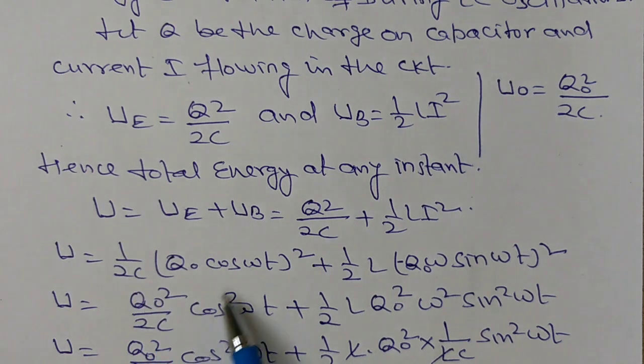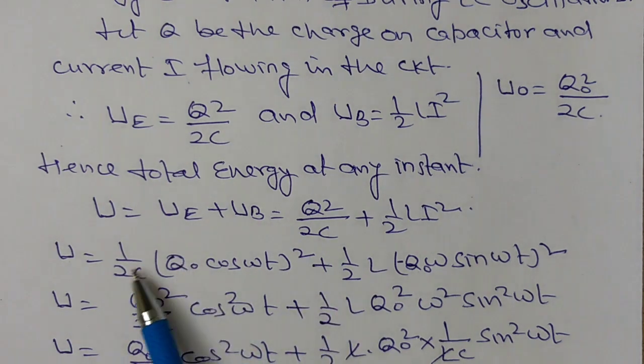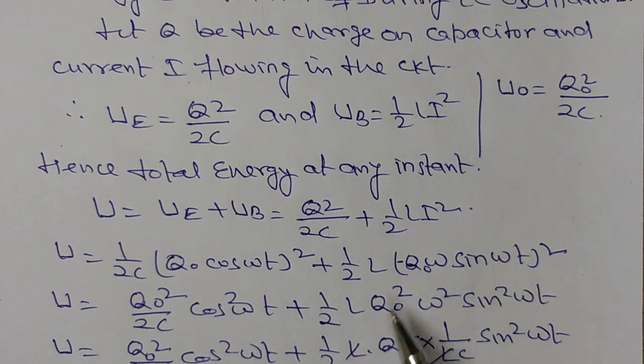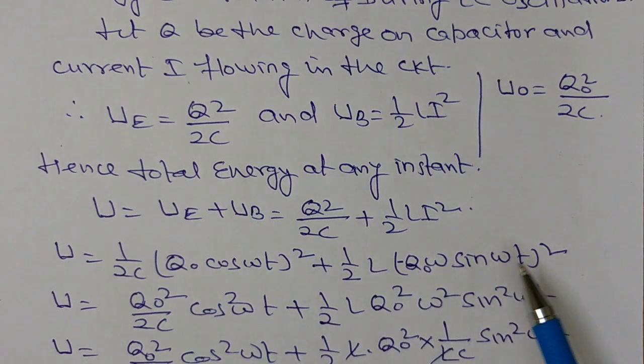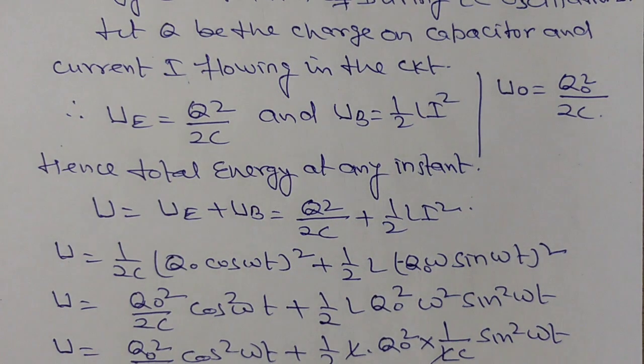Now this is Q naught square upon 2C, and this is cos square omega t plus this half into L, this Q naught square into omega square into this sin square omega t, right? And this U is equal to Q naught square upon 2C.